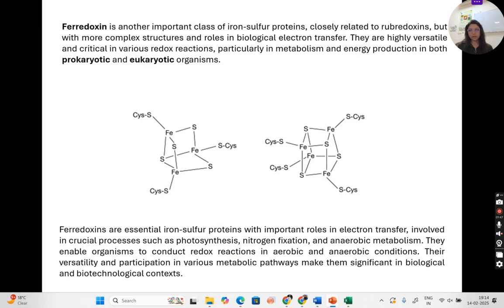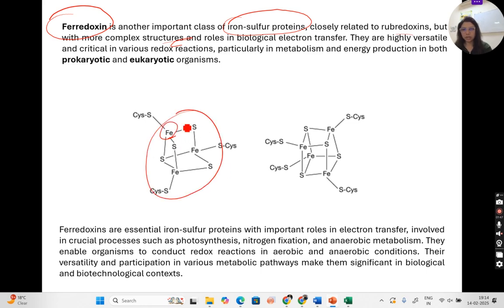Similarly, another one is ferredoxin, an important class of iron and sulfur proteins closely related to rubredoxins, but having a more complex structure. It generally gives rise to these structures in which irons are linked either to 3S or to 4S. So this is a structure of Fe with 3S, 4S and 2S, and their roles are in biological electron transfer.